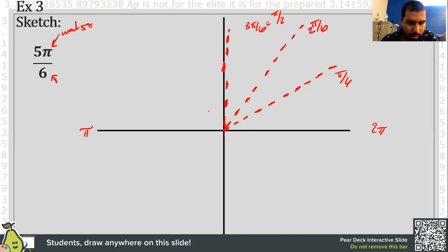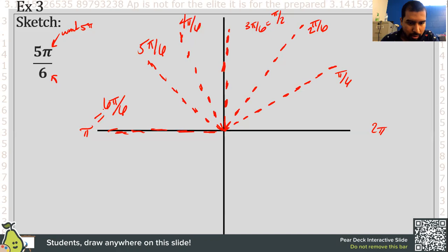I'm just going to reflect this. So 3 pi over 6 plus another pi over 6 is 4 pi over 6. If I do one more, this right here is 5 pi over 6. And last but not least, I add another pi over 6, which is 6 pi over 6, which we know reduces to pi.